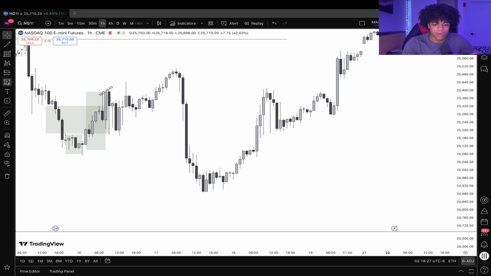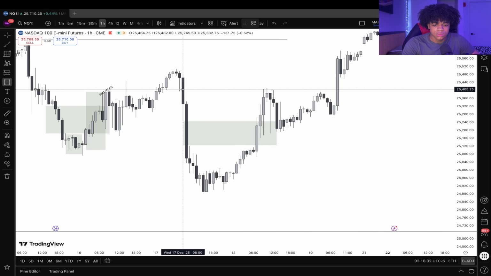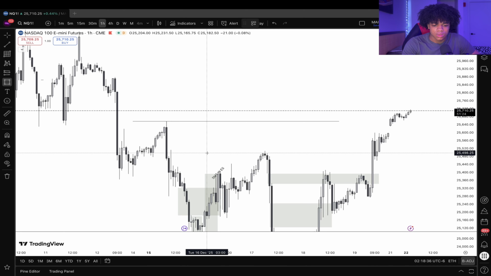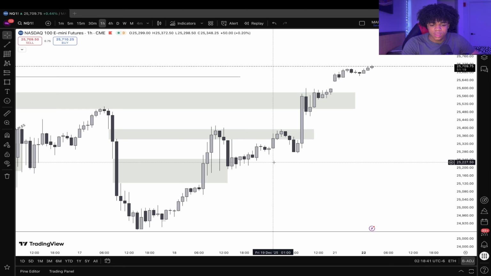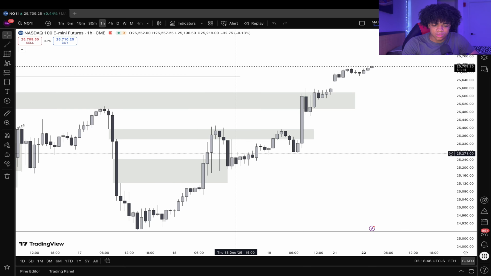So if I mark out these fair value gaps here, what can you see is happening, right? Price is coming up to these fair value gaps and they are being closed through, and price is moving continuously higher.